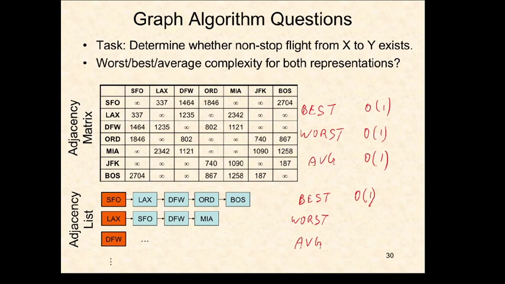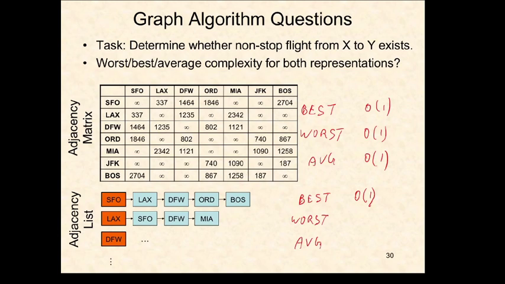Or the best case, and best is relative here, could be that I'm looking at the flights leaving SFO and there are none of them. So it doesn't matter where you want to go, you can't get there because there are no flights. So it's O of 1 because the list is empty right now. There are no more flights today.